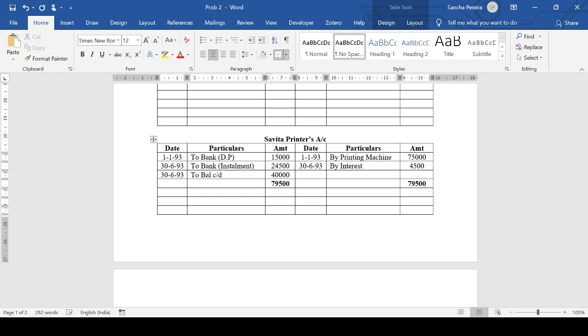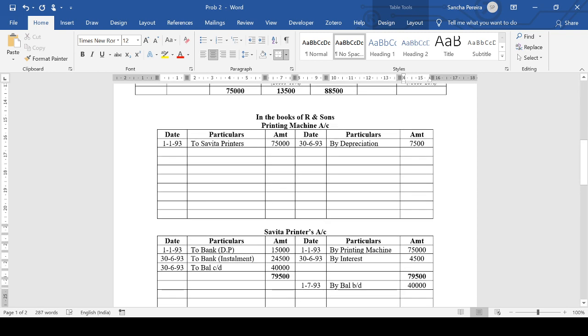Please be careful, bring down the balance immediately. If we are closing it on 30th June 1993, the opening balance will be on 1st July 93, not 94. The year will start on 1st July 93. So to balance carried down becomes by balance brought down. That is 40,000.